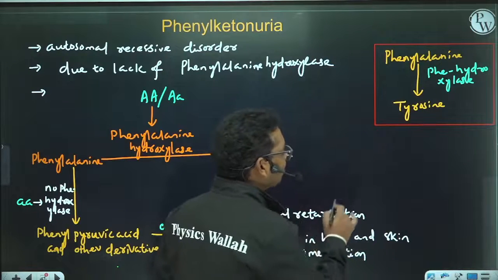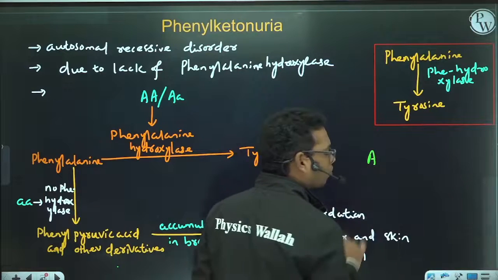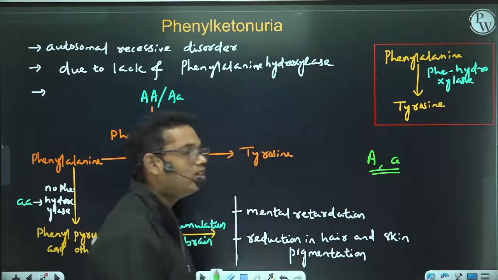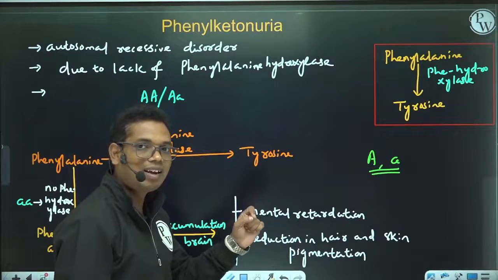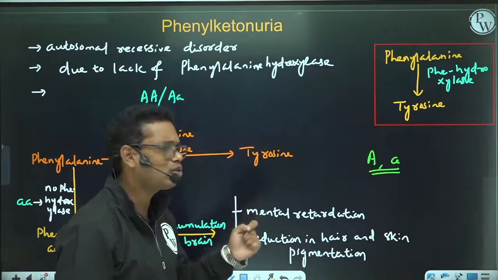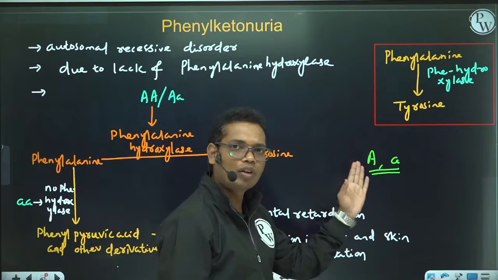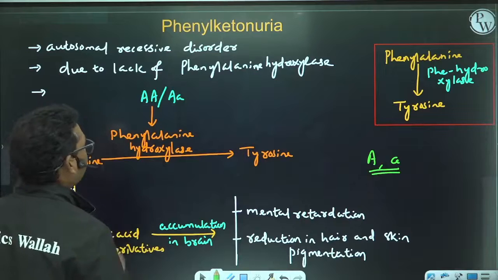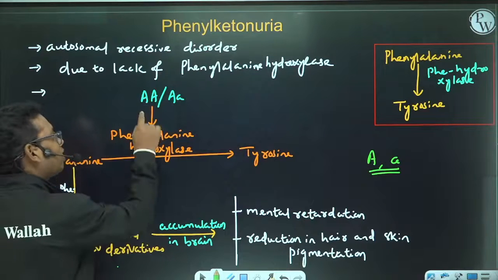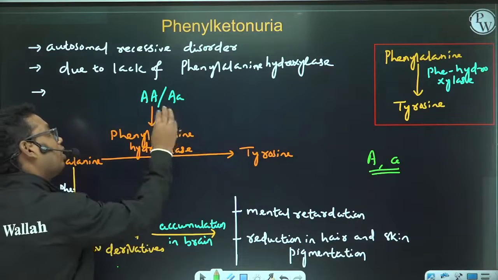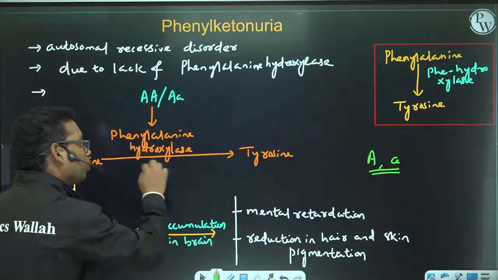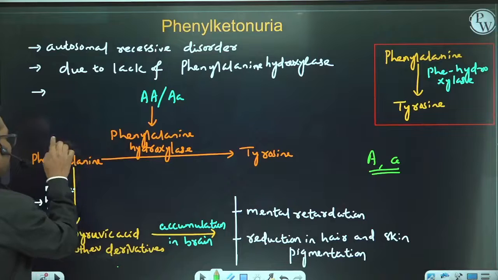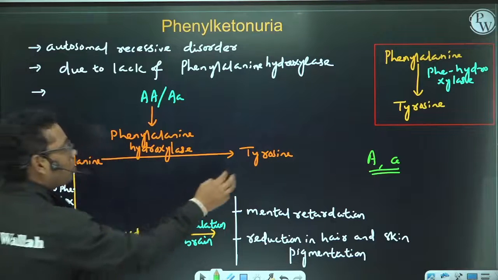Suppose the gene is A, so it will have two forms, dominant and recessive, capital A and small a. If the genotype of an individual is capital A capital A or capital A small a, in both cases this enzyme will be produced, and phenylalanine will be converted into tyrosine.